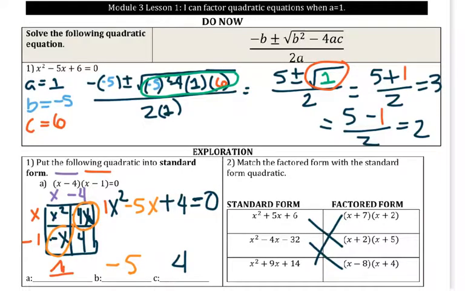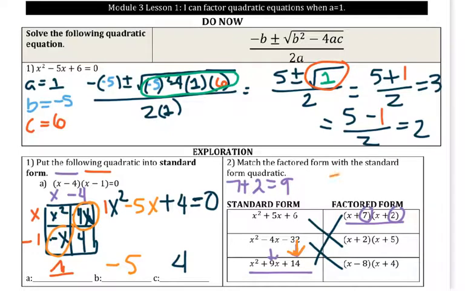So let's look at the example of these two matching. I want us to notice the relationship between these numbers, 7 and 2. How do they connect to this 9 here? Well, we know 7 plus 2 is equal to 9. But how does it connect to this 14?